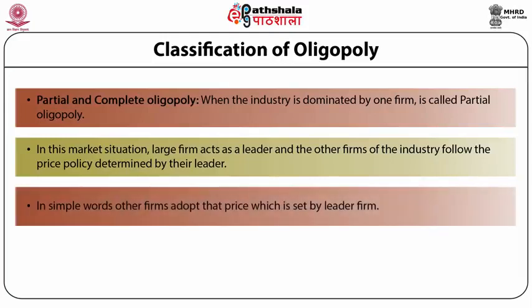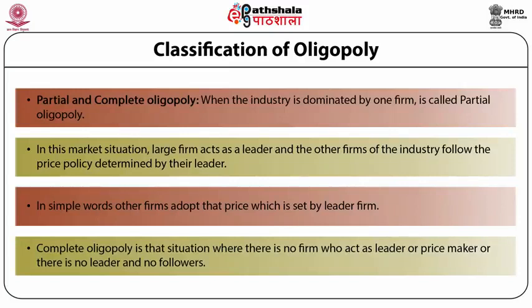In simple words, other firms adopt the price which is set by the leader firm. Complete oligopoly is that situation where there is no firm that acts as leader or price maker, or there is no leader and no followers.